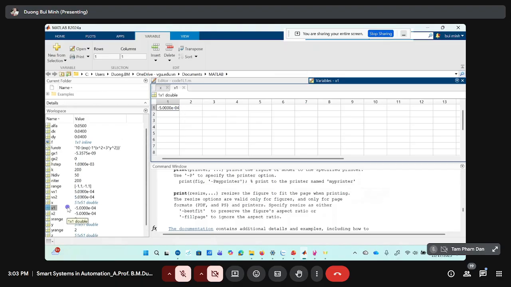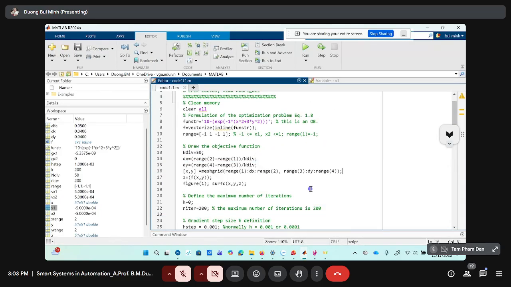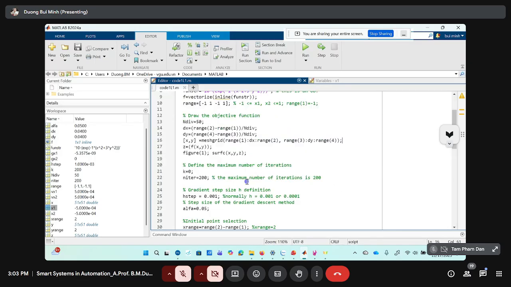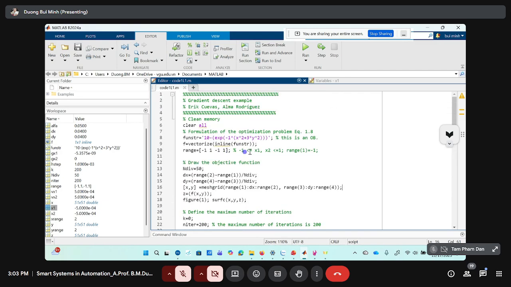Okay, so we finish. Now we have applied the gradient descent method for the solution with 2 dimensions. How about 3 dimensions? How about 4 dimensions? You need to think about it.